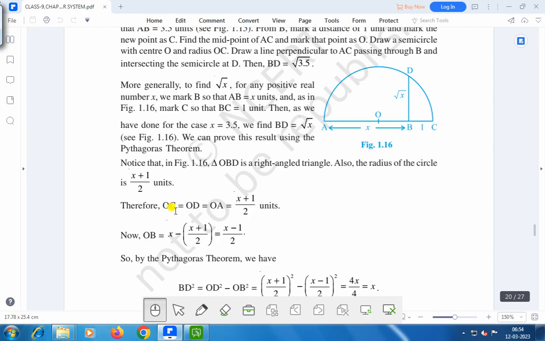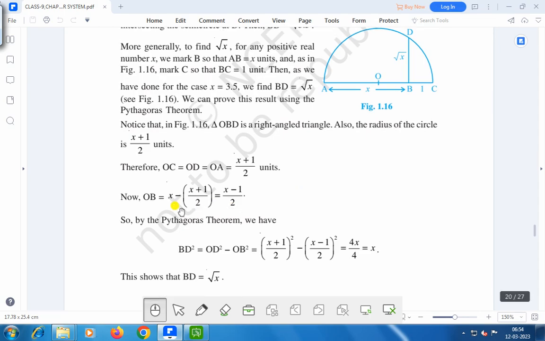Therefore OC is equal to OD, equal to OA, equal to x plus 1 by 2 units. The OB is equal to x minus x plus 1 by 2, that is x minus 1 by 2.